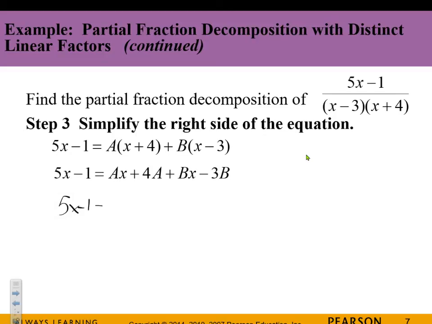5x minus 1. I'm going to group these guys. I'm going to group the ax, put them together like this, and then group the other two. So that's going to give me 4a. Is that what I wanted to do? Give me a second.